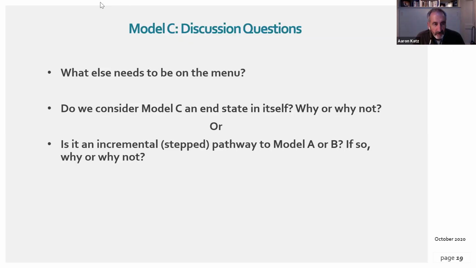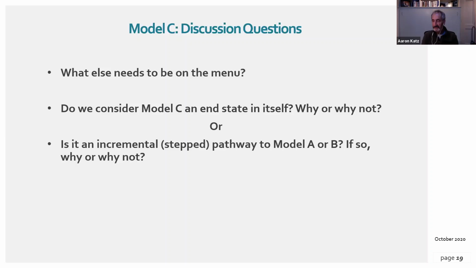What I'm going to say now is that the audience may be mostly the legislators who are in this meeting, and that is that Model C, continuing to plug gaps, is clearly the easiest one to contemplate because it's kind of what we do, but it's not sustainable.